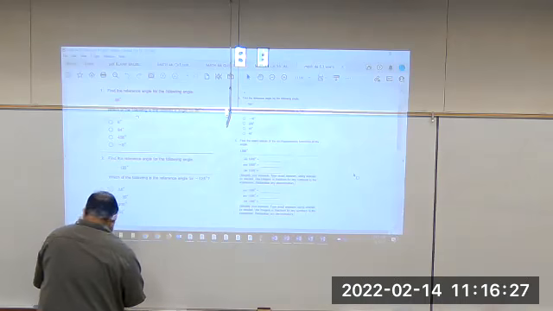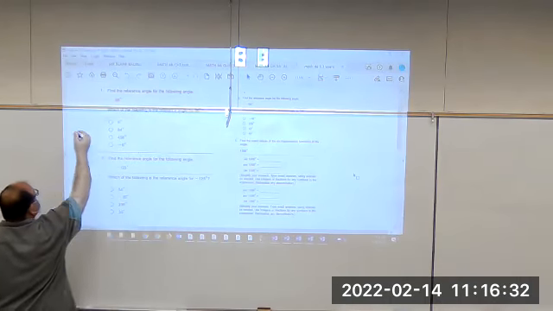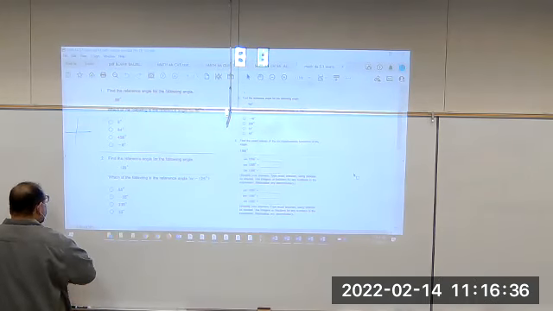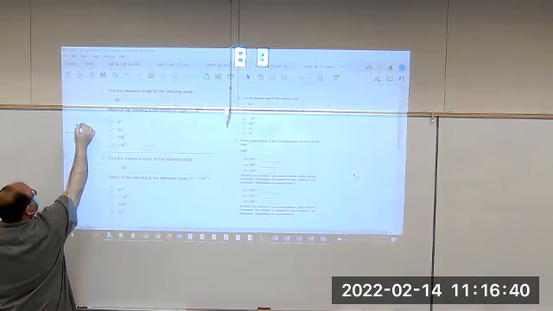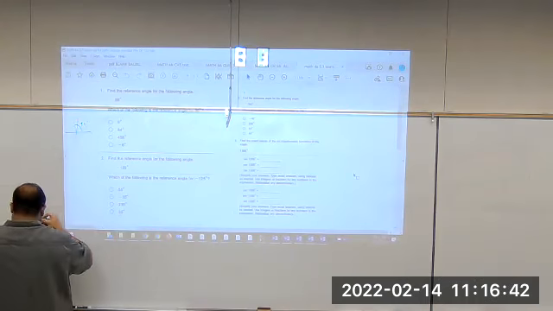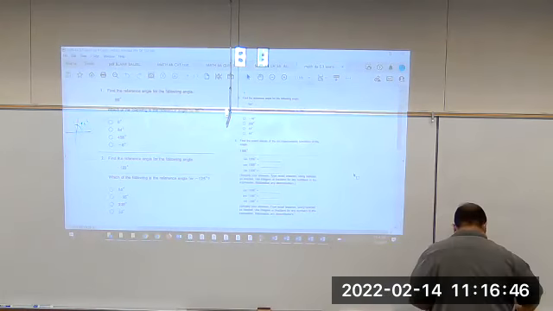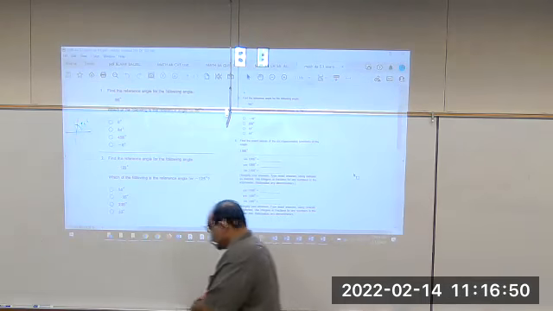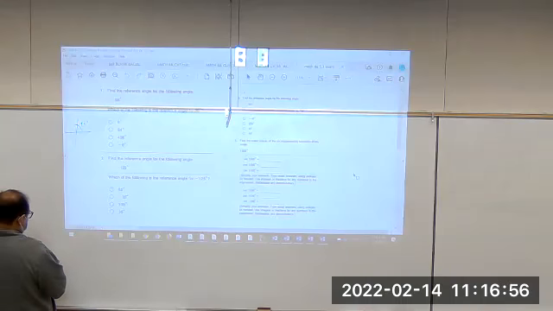96 degrees. Again, I just don't like memorizing formulas. I just know that if I have a 96-degree angle, that's past 90, it's in quadrant 2. There's 96. The reference angle is on this side.